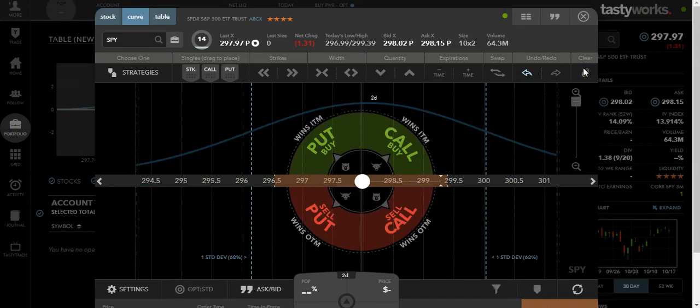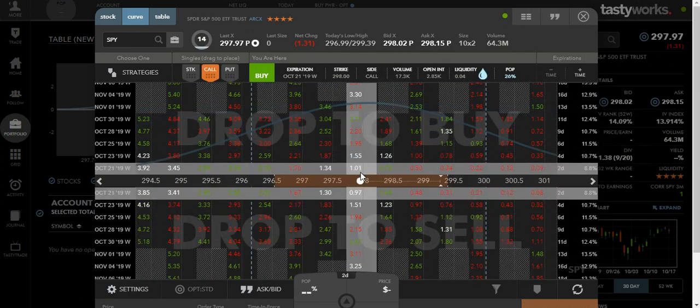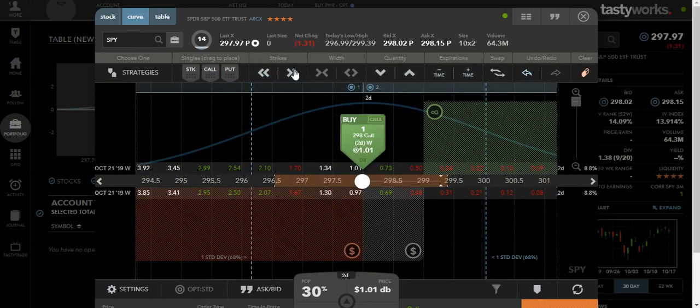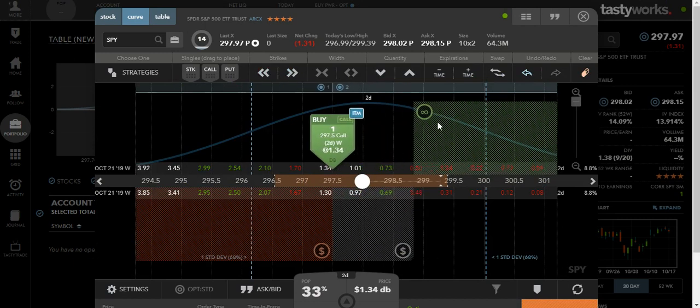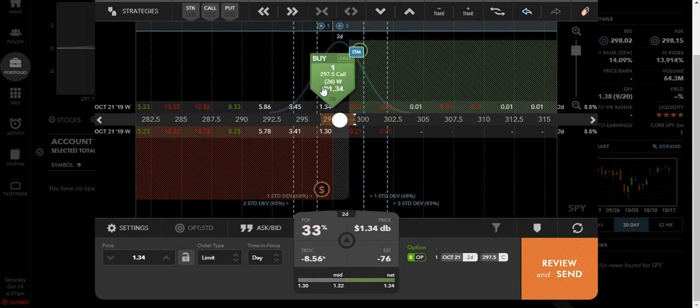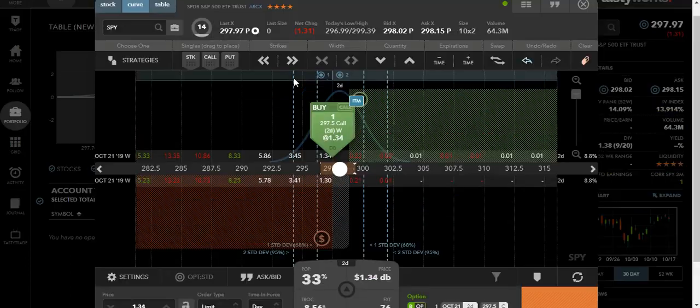And if you see something like this, I could place this call spread in the money. So let's see, right there is in the money, and that's going to be an expensive call spread, and we still only have a 33% chance of making a profit on this trade. Same would go for a put.